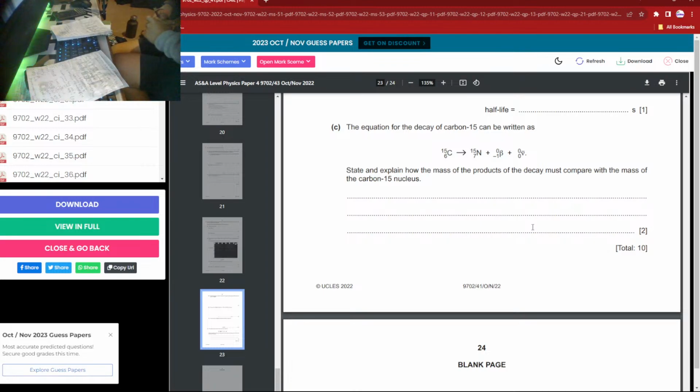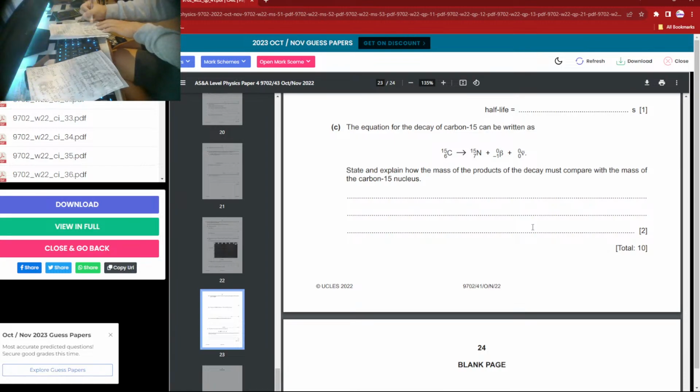So, okay, as carbon-15 is decayed, mass has to be fully converted.